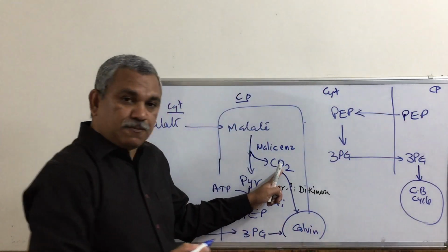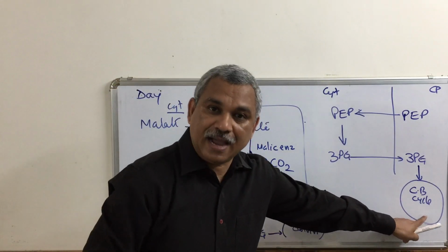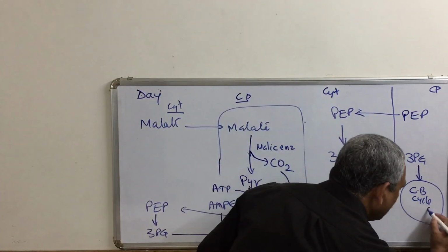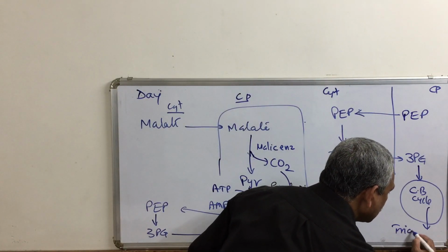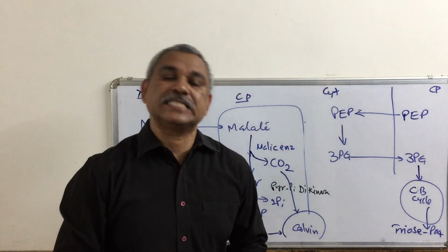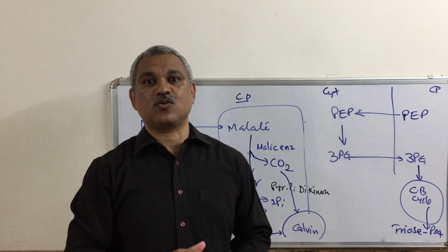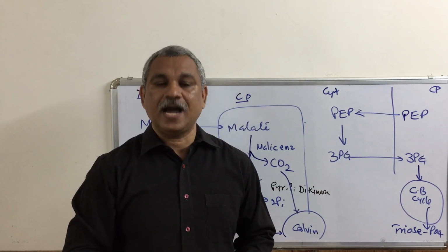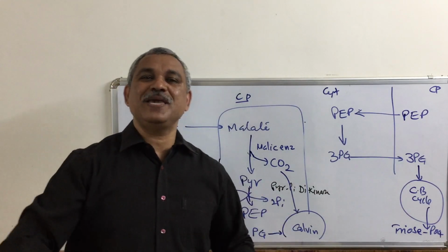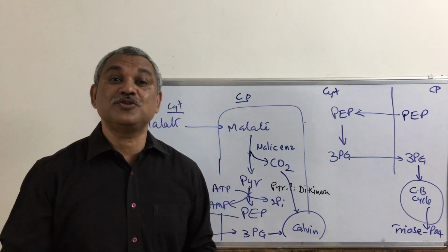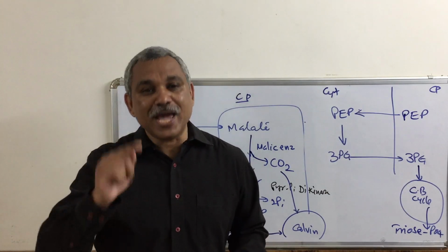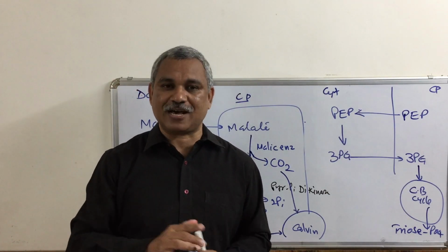So the CO2 which is produced here will be fixed here. That leads to formation of triose phosphates, that is glyceraldehyde 3-phosphate and dihydroxyacetone phosphate. As we have seen in the C3 pathway, 5 of those will return in order to synthesize ribulose bisphosphate, and 1 of those will be used to synthesize starch.